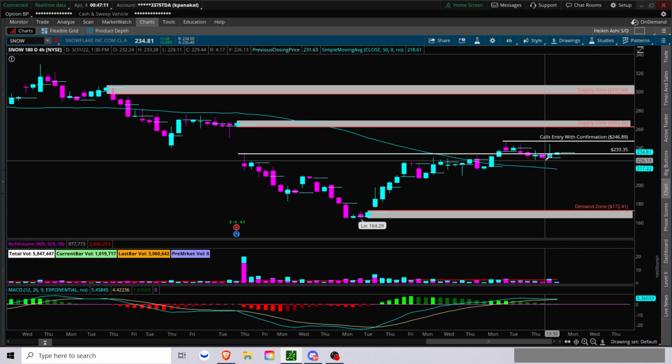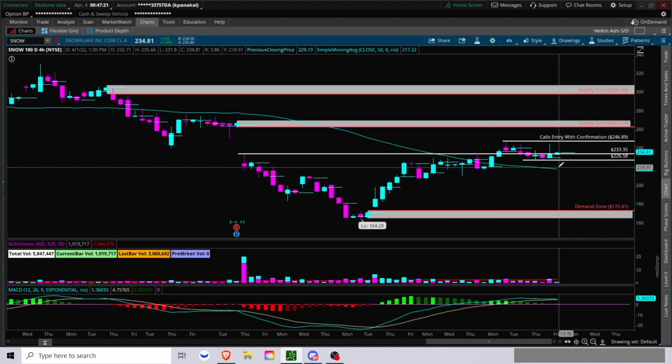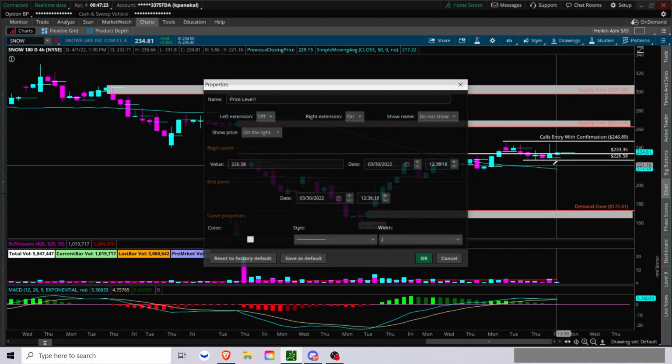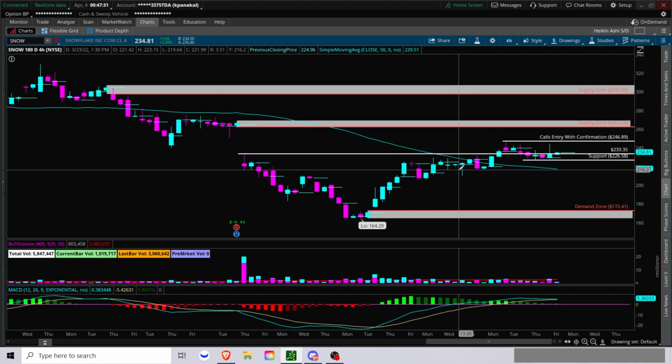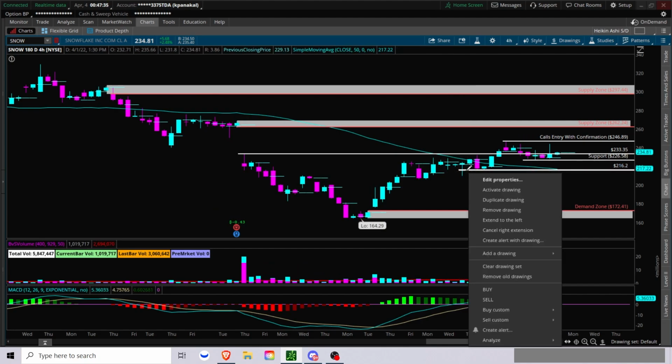There's also a support. Right, there's two supports actually. There's one support right here. And there's also this support right here.